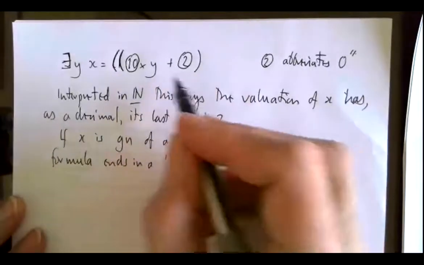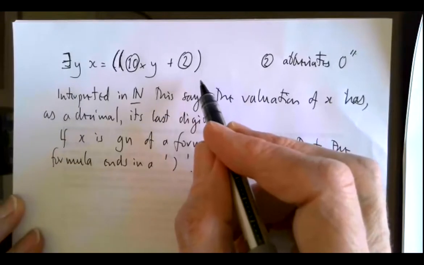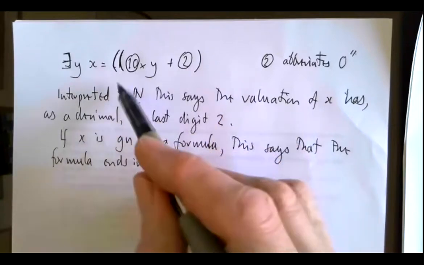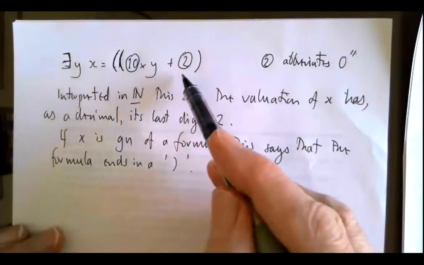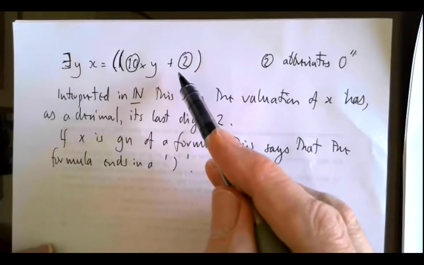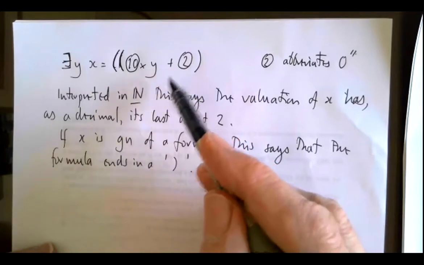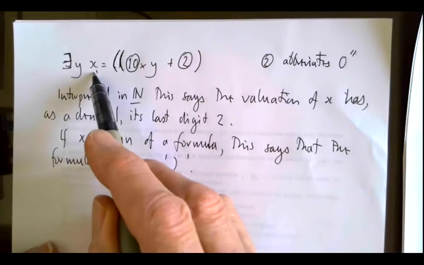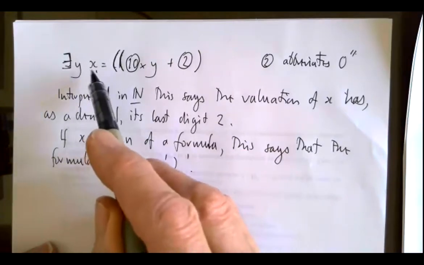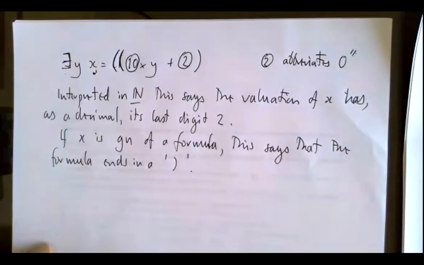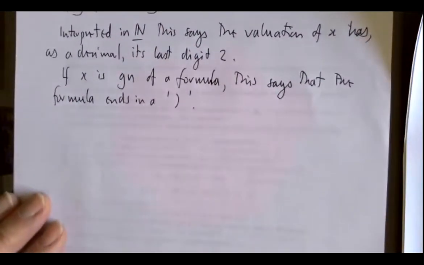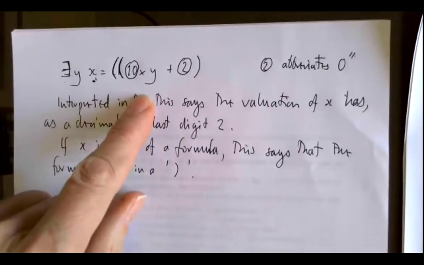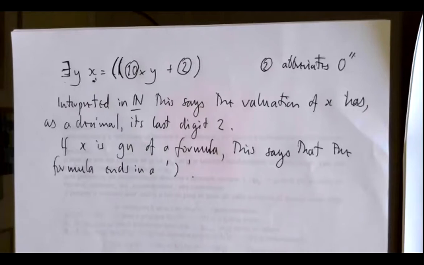So since we've coded up formulae as numbers, we can express using simple number theoretic expressions certain facts about those numbers which code those formulae. So if this is a Gödel number of a formula, the formula ends in a bracket. In this way, we can use codes to refer to formulae.